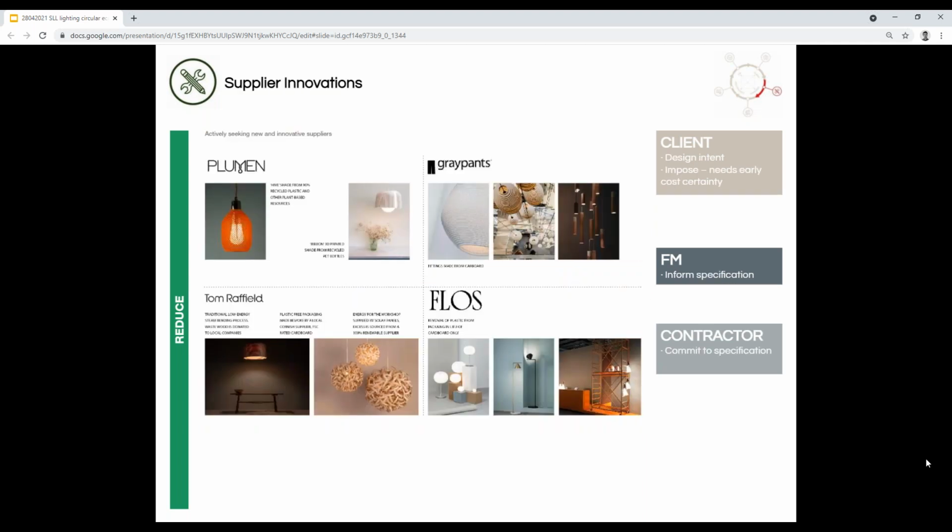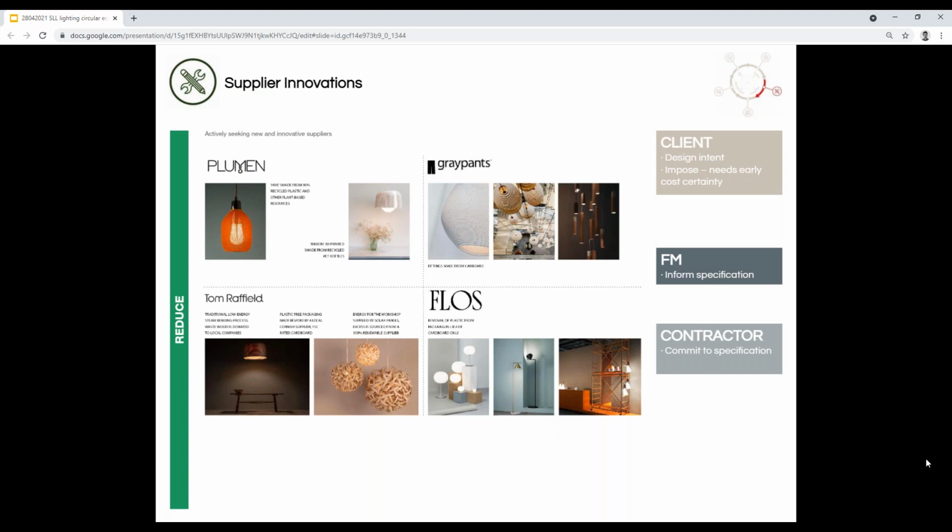So the suppliers, we do specify product, and we do really rely on our manufacturing partners to come up with innovations. This is a very small list, but certainly with the work that we've been doing with GLA, we've been really encouraged by the enthusiasm, innovation, energy of the manufacturers, and the level of engagement that they're having in a collaborative sense, which is only to be applauded, I think.